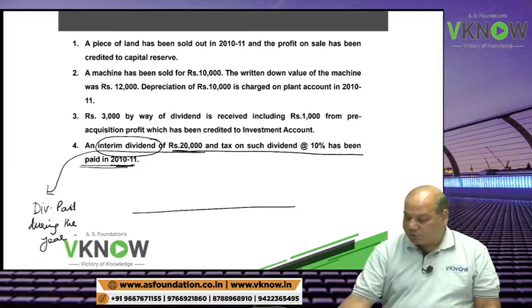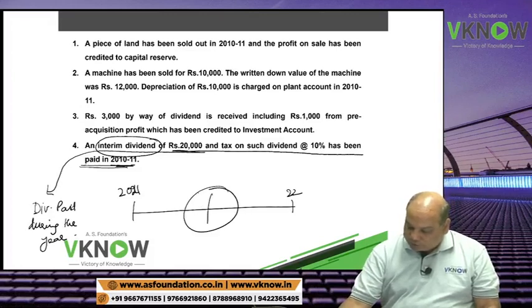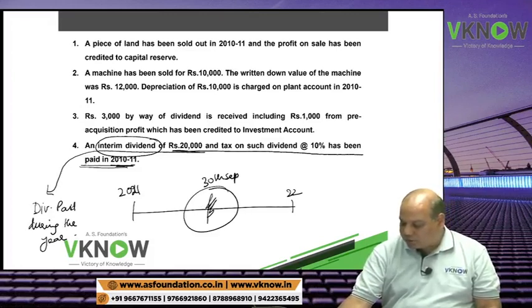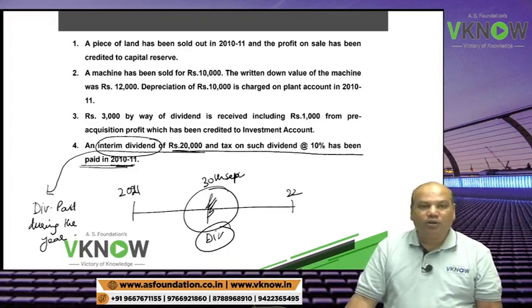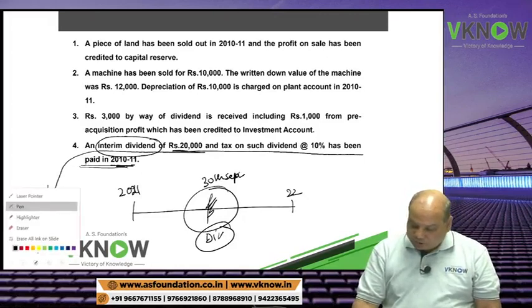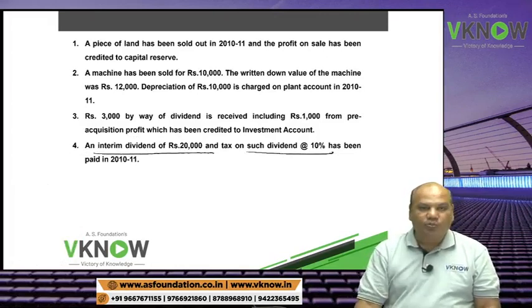For example, this is my financial year 2021-22. If dividend is paid in the middle, somewhere around 30th September, then we call it interim dividend. It has been paid and tax is also paid.